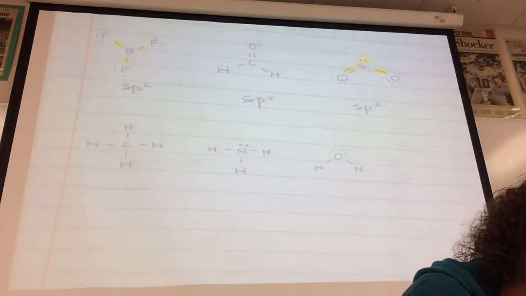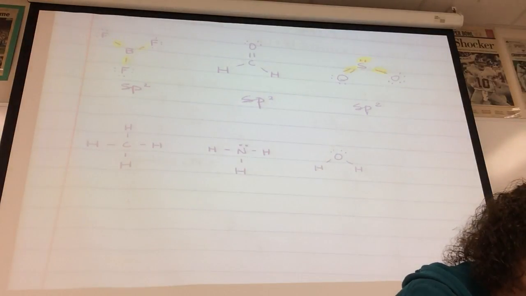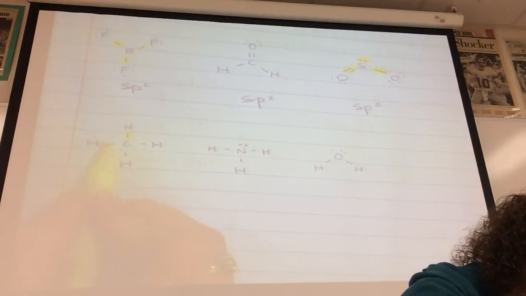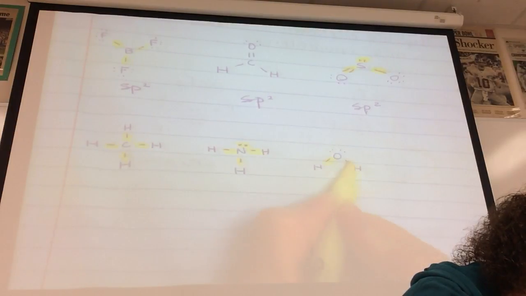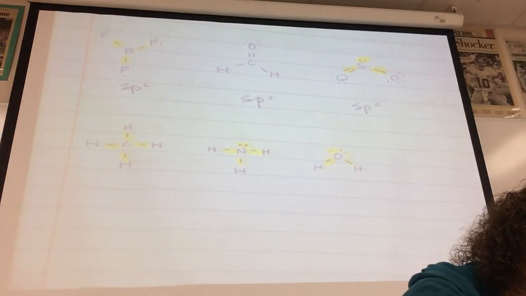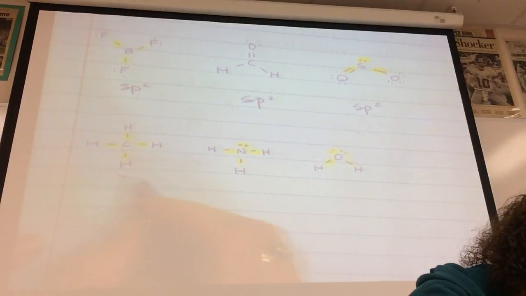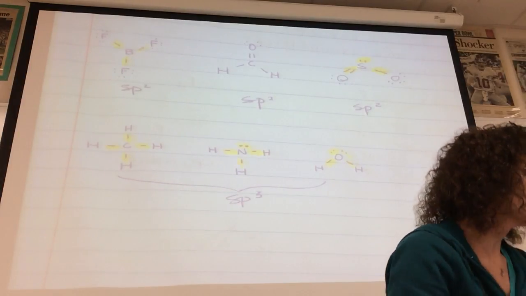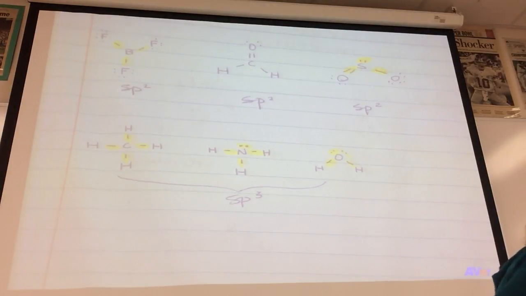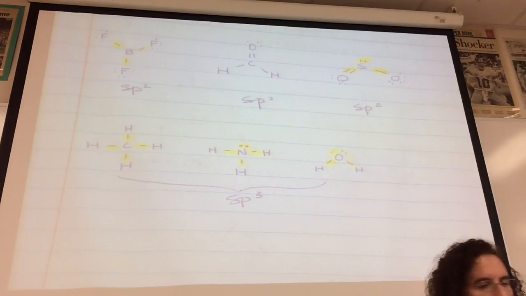In each of these cases, how many electron groups do you have? Either 4 bonds, 3 bonds and a lone pair, or 2-2. This is all sp3. Okay?